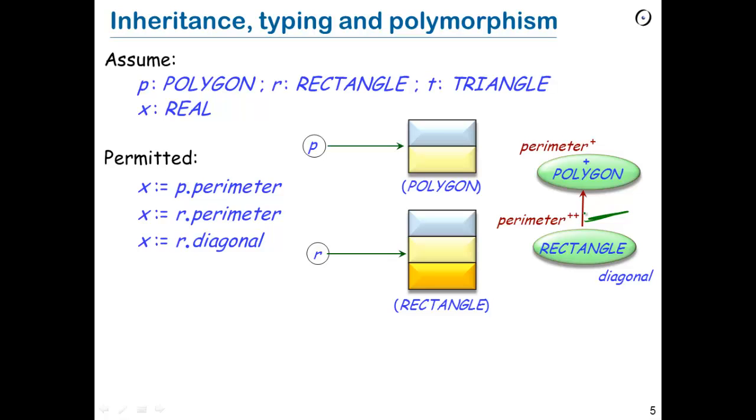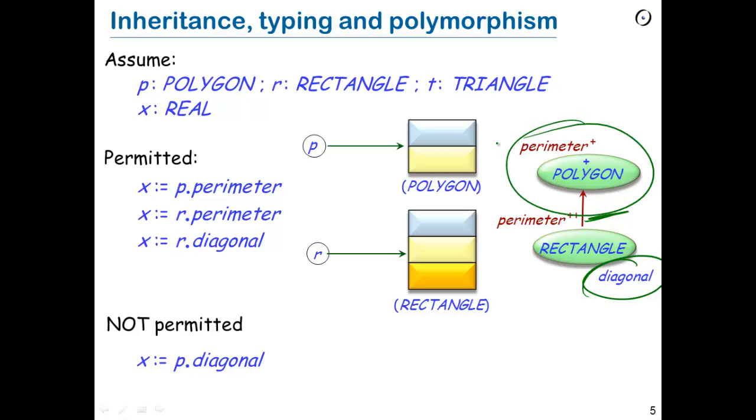That's the reason we redefined it. Also, R dot diagonal, this is perfectly okay since rectangle has a feature diagonal. On the other hand, if we try P dot diagonal, then of course that is going to be invalid and indeed rejected by the compiler, because at the level of class polygon, there is no such thing as a diagonal feature, since polygons in general do not have a diagonal. Only some kinds of polygon do.